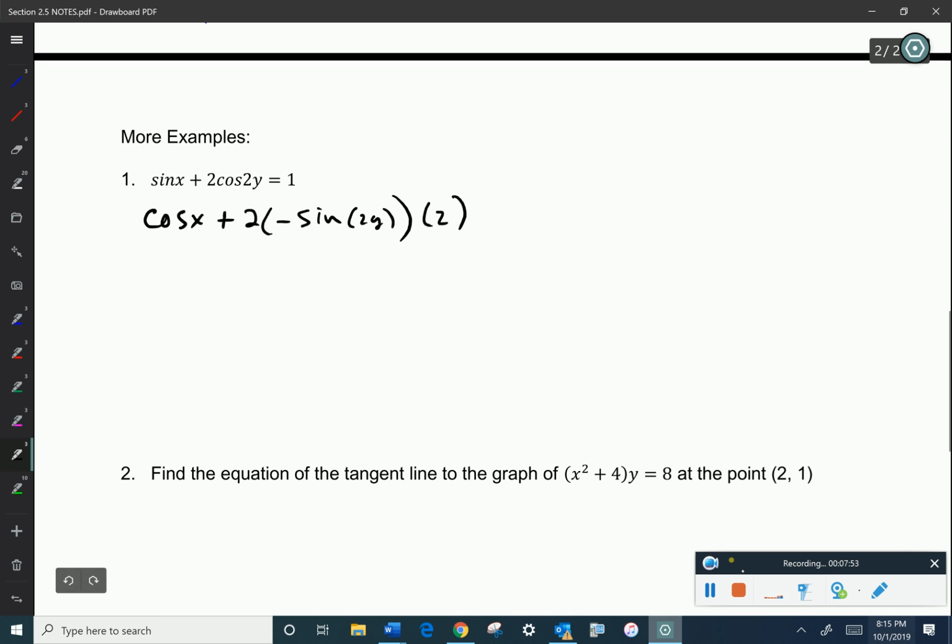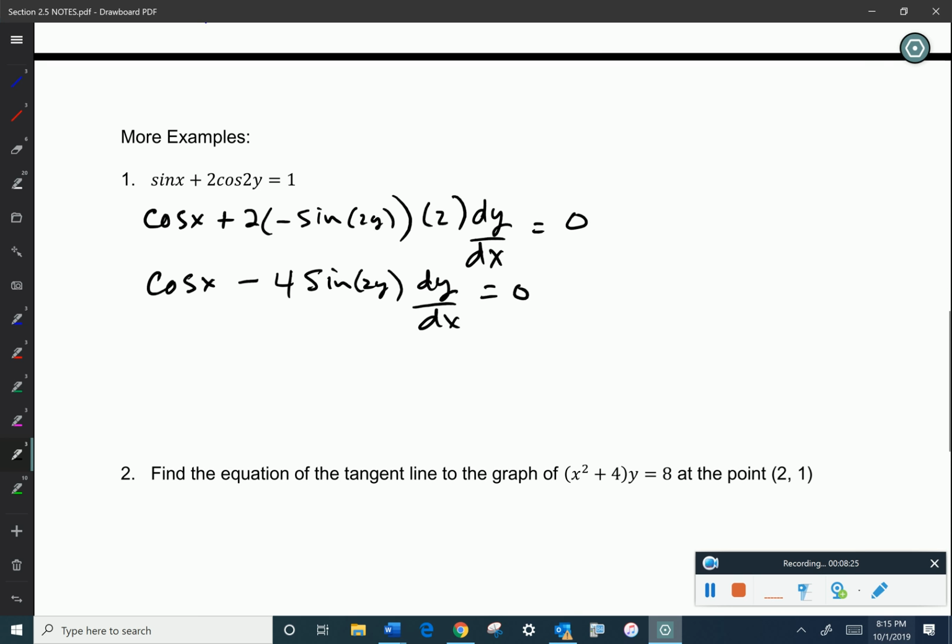And now don't forget, because I took the derivative of that 2y on the inside, yeah, the derivative was 2, but I got to have a dy/dx because it was a y term. And then on the right side I have the derivative of 1, which is 0. Okay, so I'll clean it up. I've got cosine x, and I'm going to write this as a minus 4 sine 2y dy/dx, all equals 0.